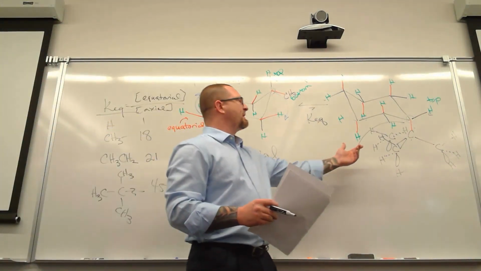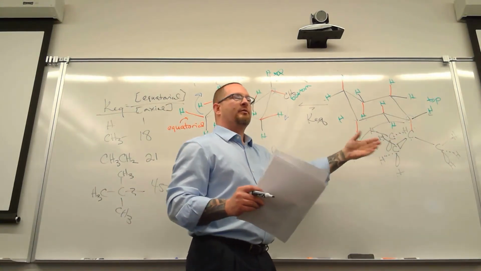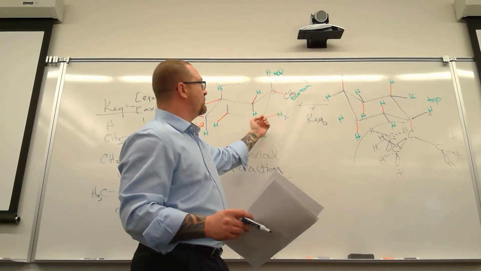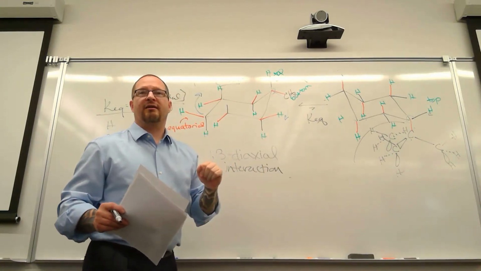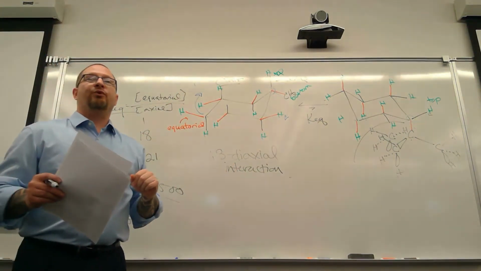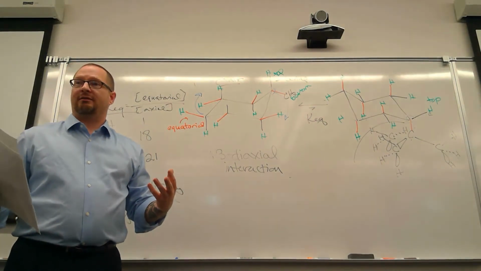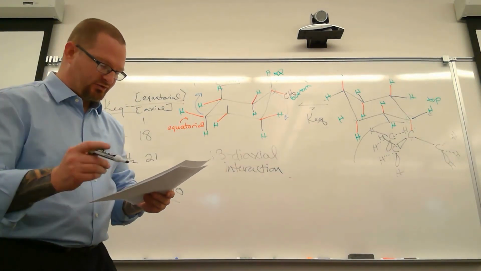The magnitude of these diaxial interactions is going to be significantly greater because it's such a bulky group. Therefore, this will be strongly preferred because we're putting that bulky group out to the periphery where it's not going to have those interactions. If you have multiple bulky groups that can experience, let's do that as a separate example.